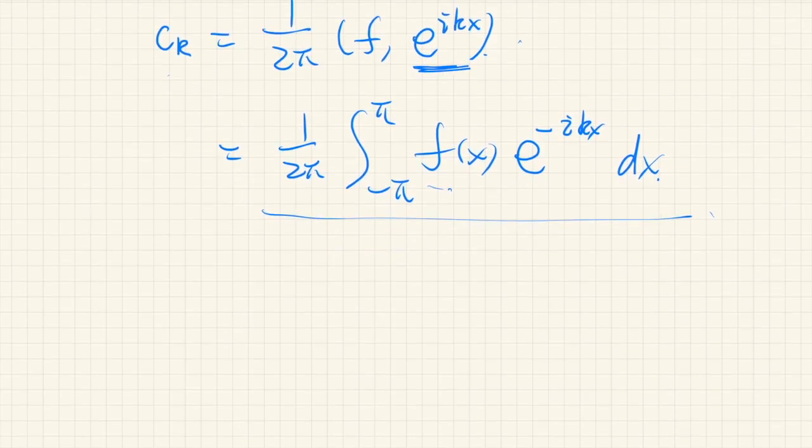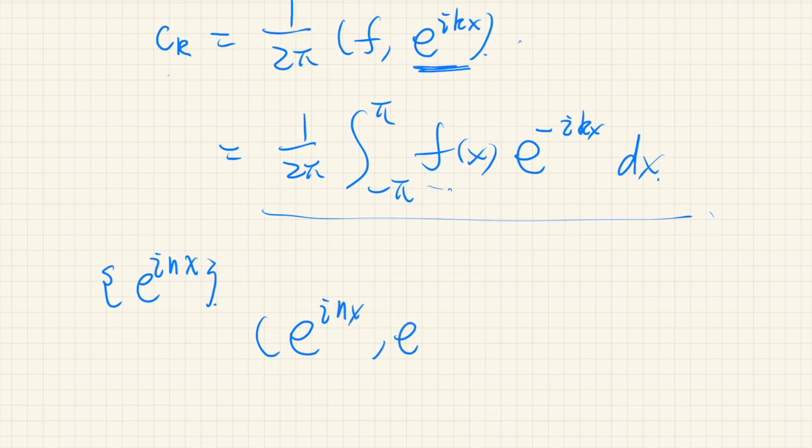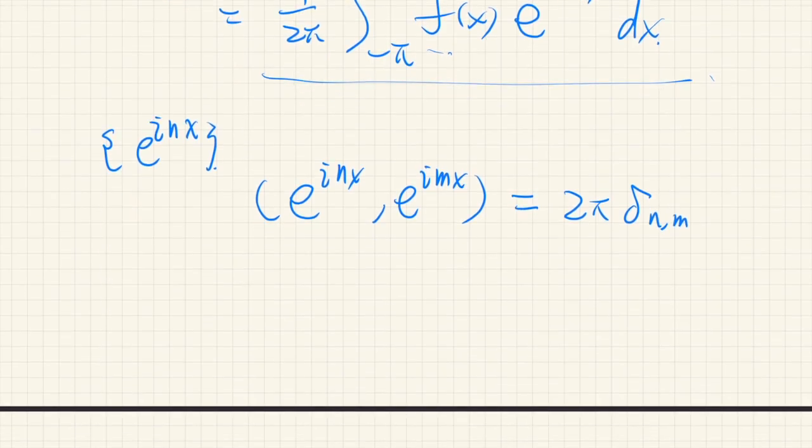And the orthogonality of these functions, exponential of i n x, can be expressed as this. The inner product of e to the power of i n x and e to the power of i m x is equal to 2 pi delta, Kronecker's delta, n m. Just go back to the definition of this inner product.